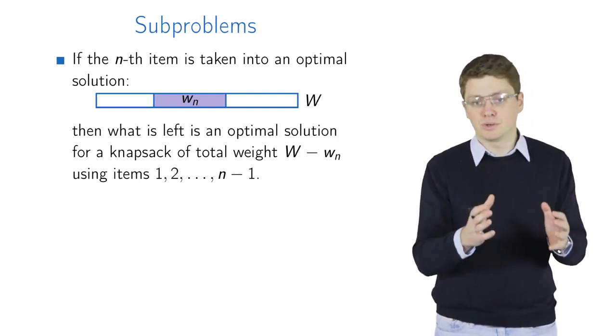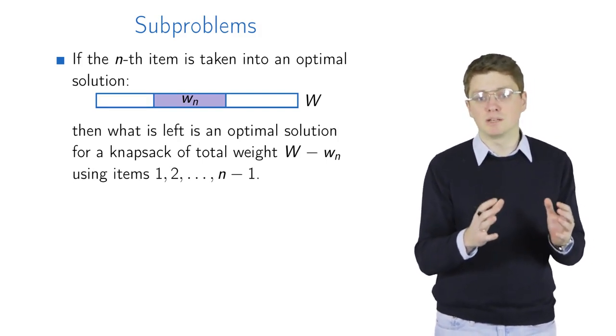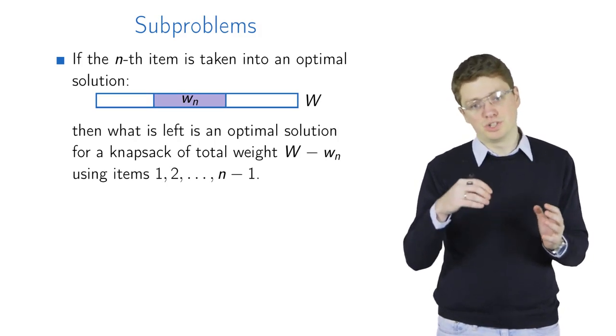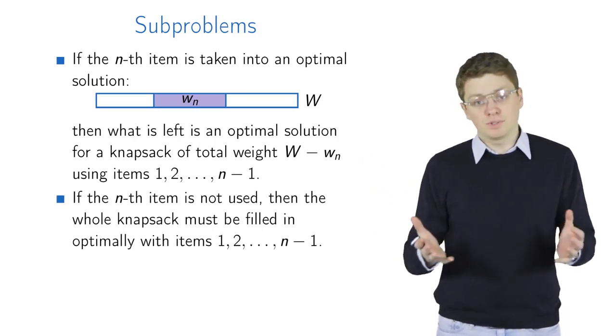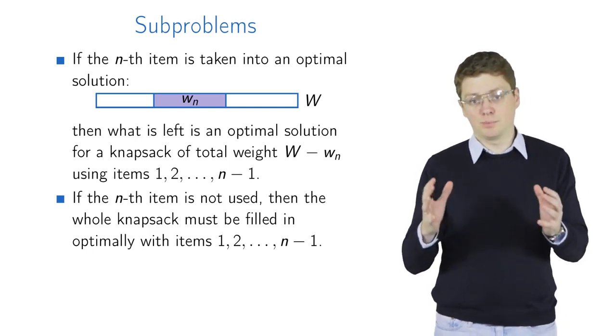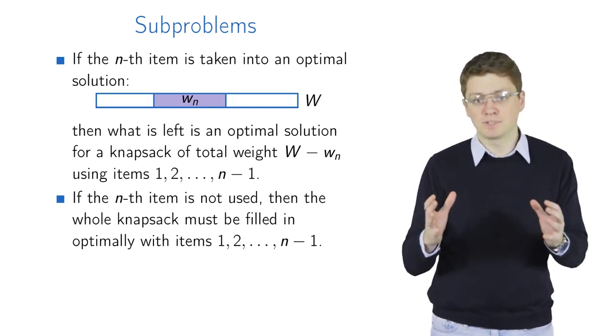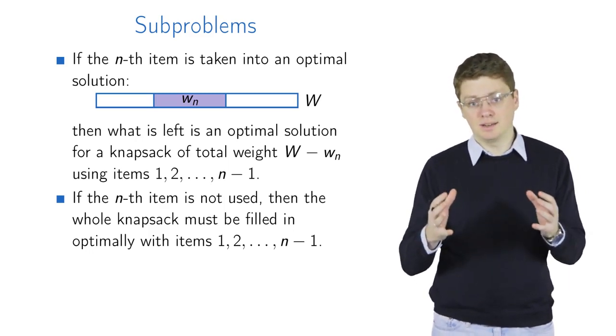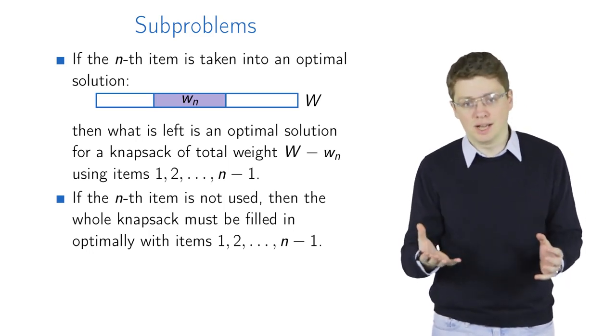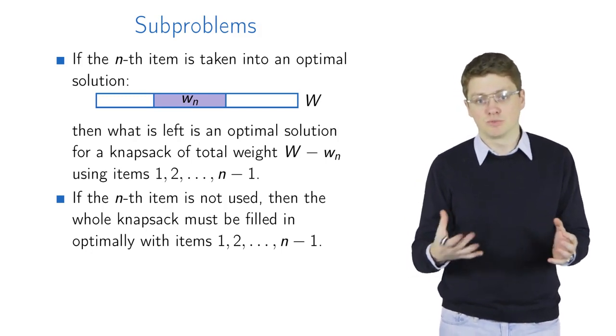And it also uses only items from 1 to n minus 1, because we just took out the nth item, right? If, on the other hand, the initial optimal solution for the knapsack of total weight W does not contain the nth item, then it contains only items from 1 to n minus 1, right?